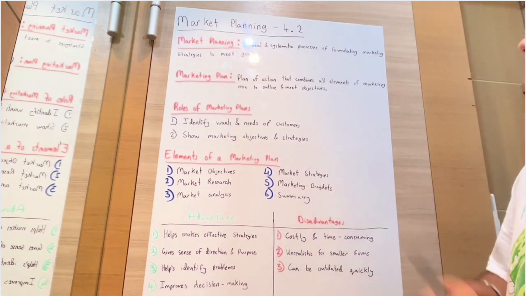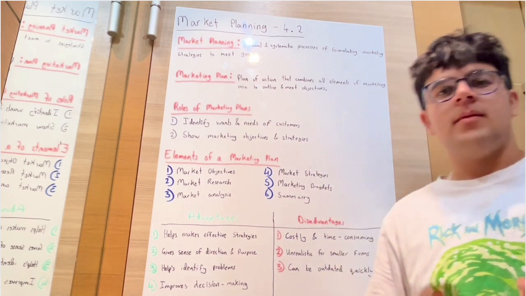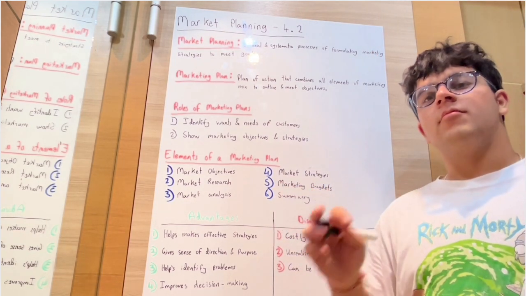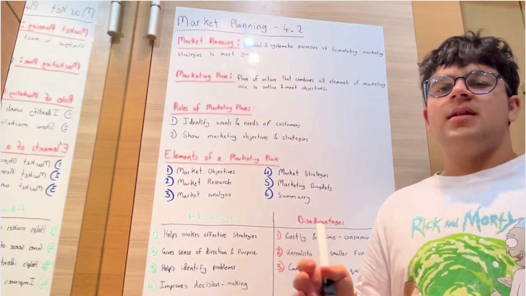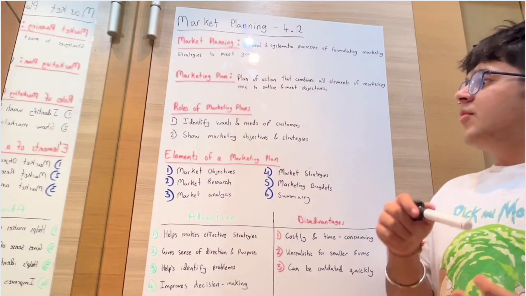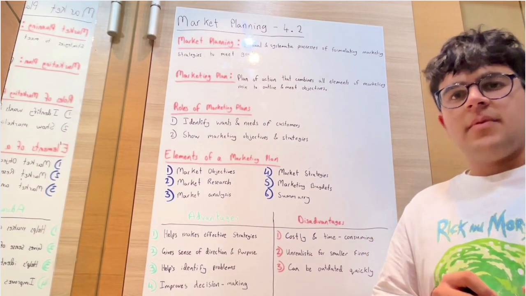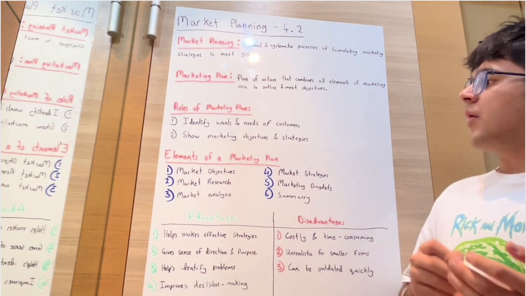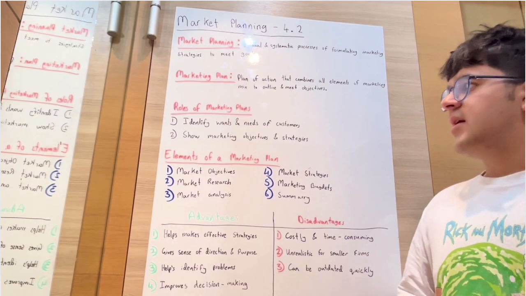So, what are the roles of a marketing plan? They've got basically two main roles, and honestly, it kind of aligns with the simple marketing roles. It's to identify the wants and needs of your customers, and then show your marketing objectives and strategies.